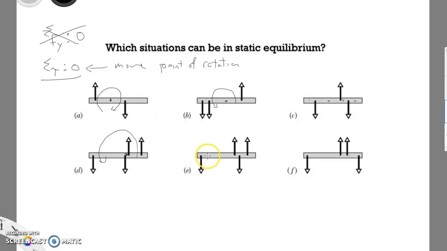The same with this one right here. This is in equilibrium. Same with this point, and this point. In each of these circumstances, I could adjust these forces to keep this object in equilibrium. And finally, this one is also in equilibrium. This torque is balanced out by that one.